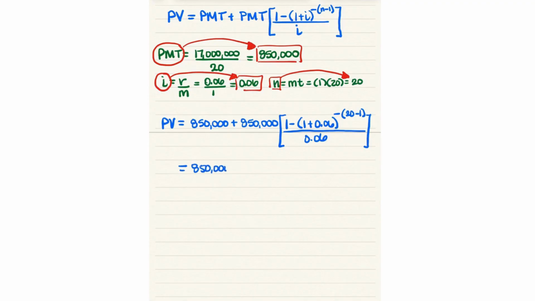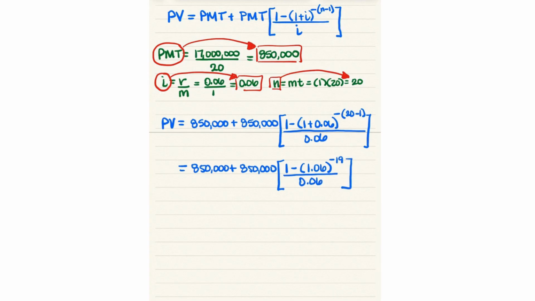I'm just going to walk through this. In your calculator, you want to do this first, then raise it to that power, and then subtract the 1. So this is going to be 1 minus 1.06, because I added it, to the negative 19, divided by 0.06.